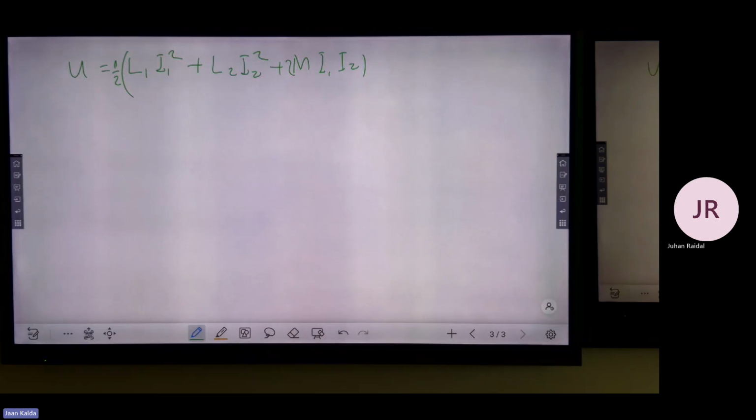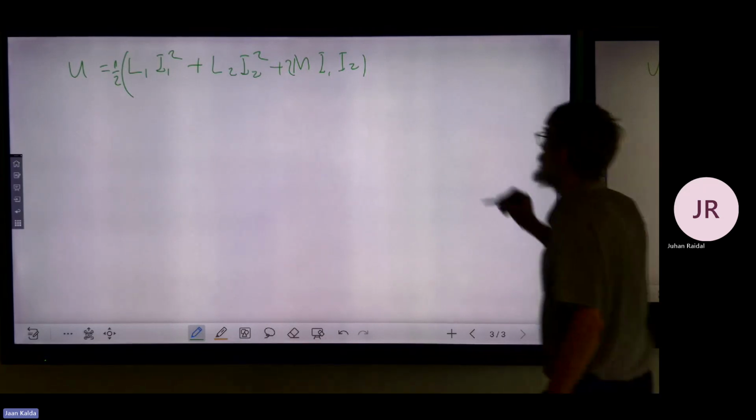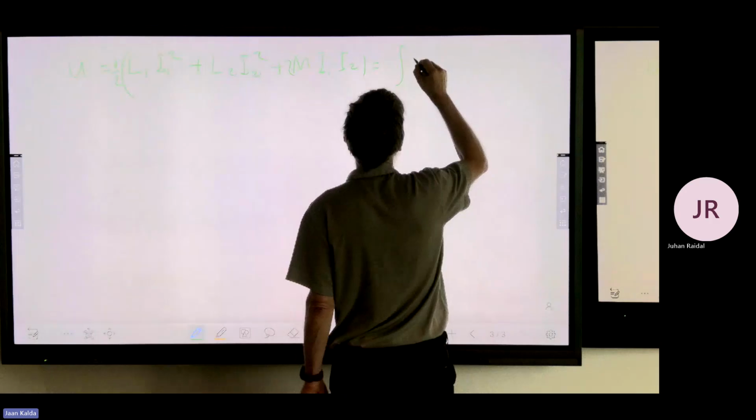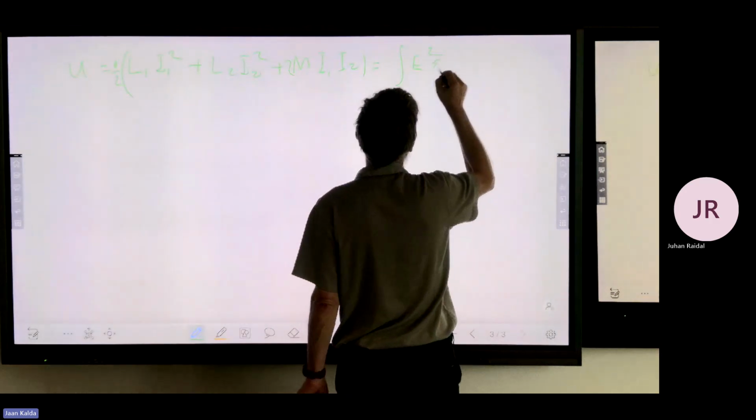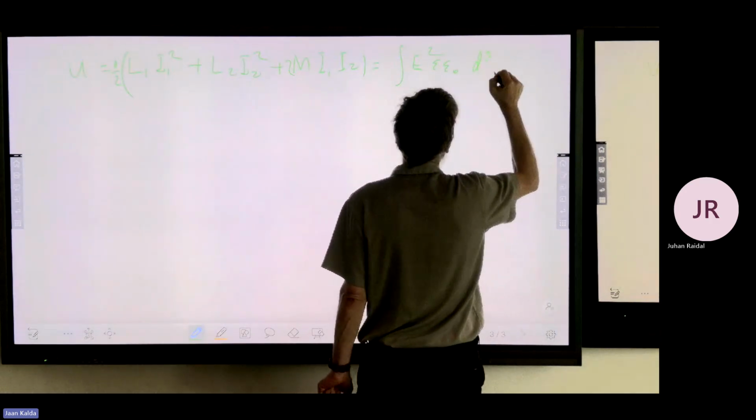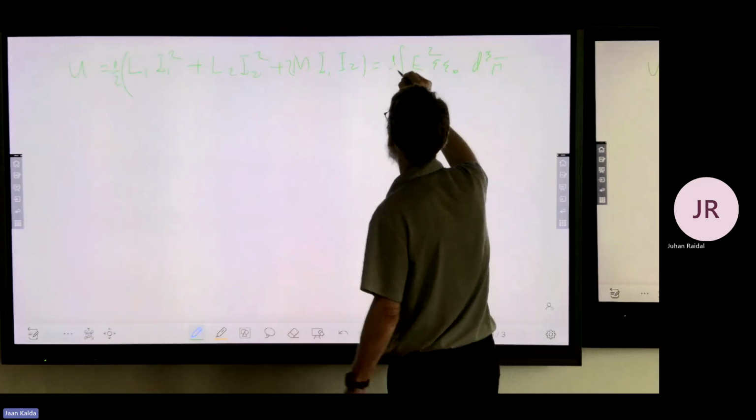So if we make M very big, then the energy can be negative. Can be negative, but that cannot be, because if you remember what energy was, it was a field energy. And actually this is the integral of E squared, epsilon naught over the volume, and 1/2. That's what it is.